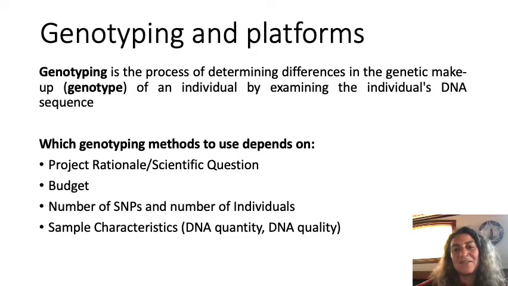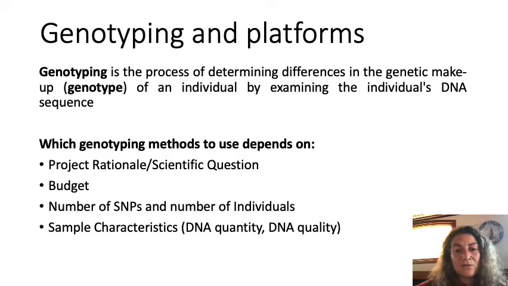What we call genotyping is the process of determining differences in the genetic makeup, hence the genotype, of an individual by examining the individual's DNA sequence. Of course, the technology used for genotyping depends on the structural properties of the genetic variation, whether it is a single nucleotide polymorphism, a copy number variation, or other structural variations.